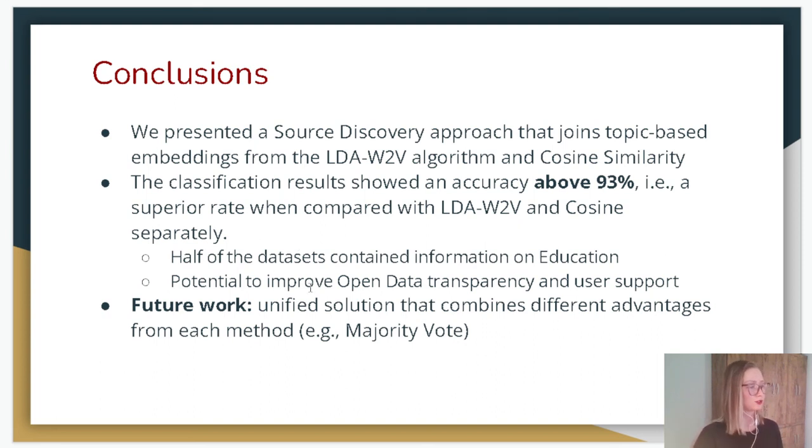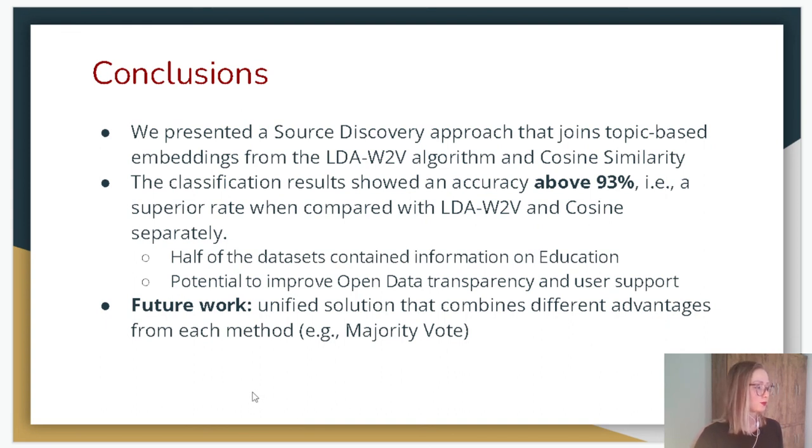And it's important to highlight that the evaluation considered 8 data sets and half of them contained information on education, so we can say it was a more difficult classification task than if all sources had distinct content. So we see that this approach has potential to improve open data transparency and user support.